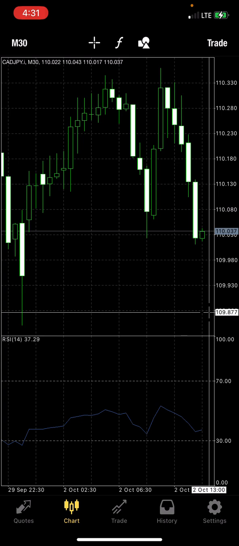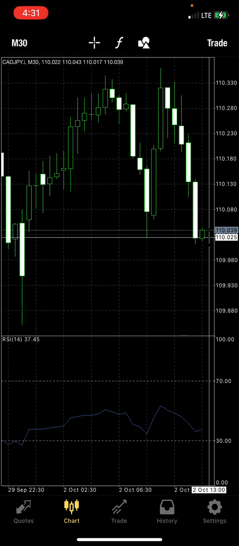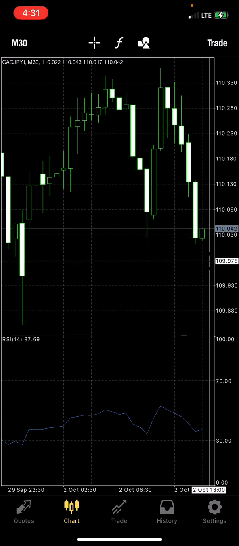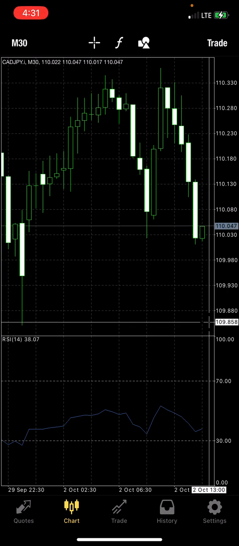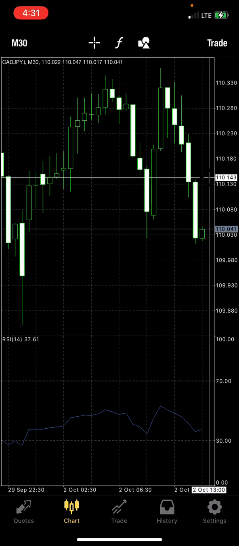But what I would do is, because you see this candle here, I would say since they're banking on it coming down here, if I put my take profit at like 10 something, it's going to come way down here. So that means I can afford to risk right here, which is 110.14 on a stop loss.